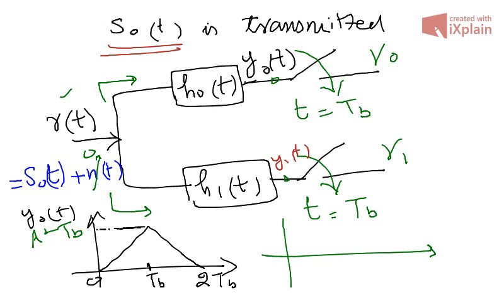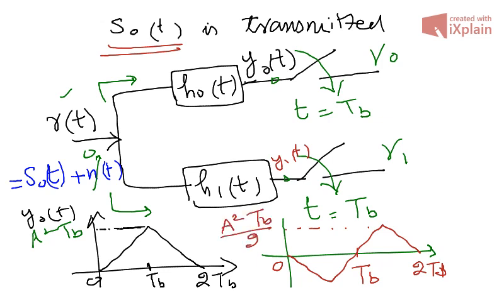So when it passes through the matched filter, the response from instant 0 to 2TB, we get this response, and it is 0 at instant TB, right? And this peak value is actually equal to A squared TB over 2.